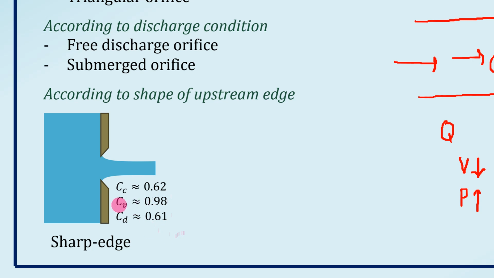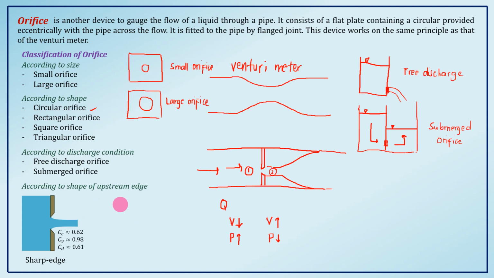Now, as I said earlier, for the coefficient of contraction, how do we get it? We have the actual area, which is from the jet, divided by the area of the orifice or opening. So, in this orifice, what would be the area of the jet and what is the area of the opening? When the liquid comes out, the area of the jet in the orifice is called the vena contracta.